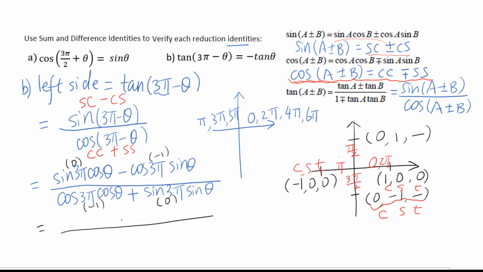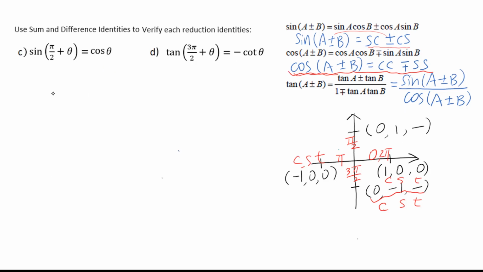Negative will be positive. Top will be sine theta. Your bottom, you will get negative cosine theta plus 0. So sine theta over cosine theta, that is a negative tangent theta. This equals the right side. So we finish proving.